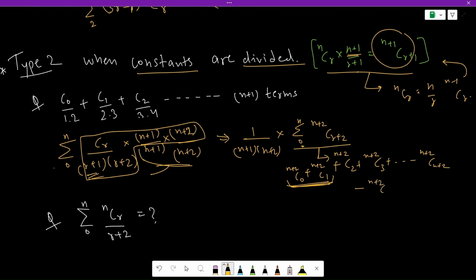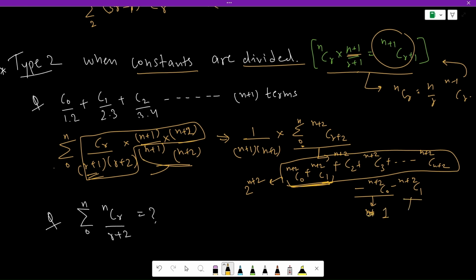Minus n plus 2 C0, n plus 2 C1. Now for this we will use the result, which is 2 to the power n plus 2, and this is 1 and this is n plus 2.